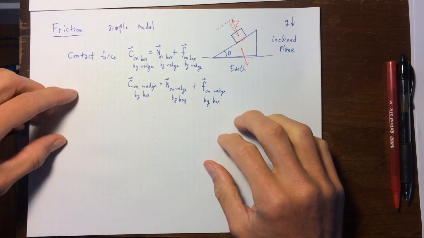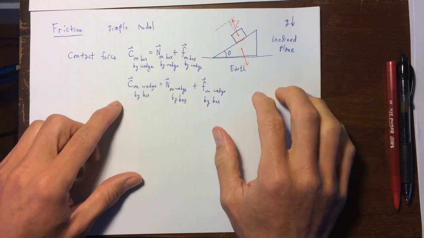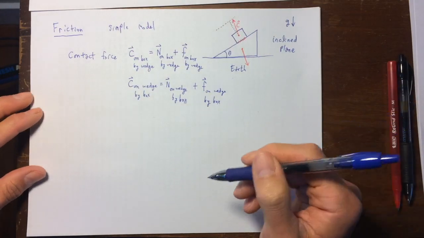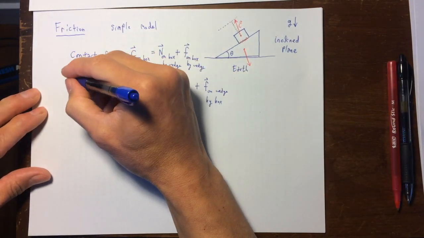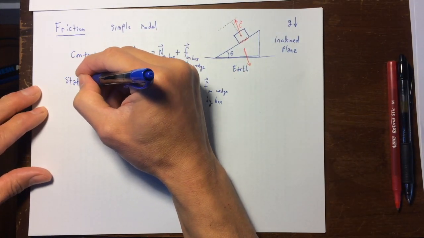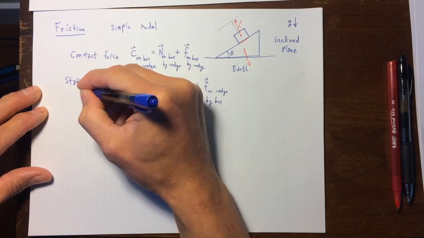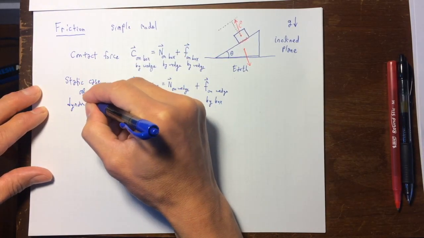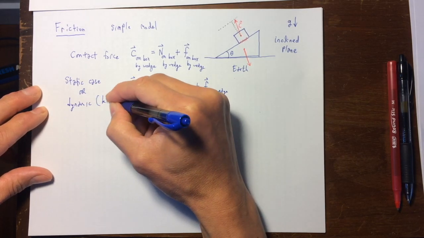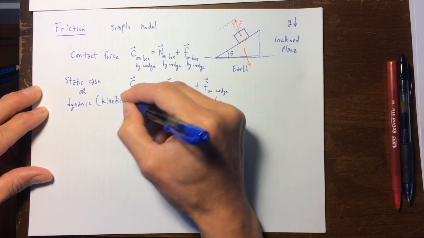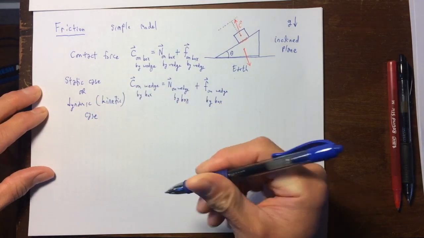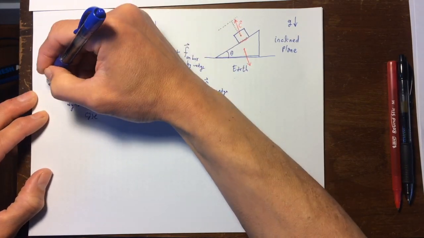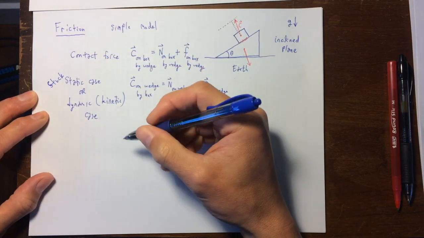So this is the beginning of thinking about friction, and all of this that I just described is true in the static case or dynamic, also known as kinetic, case. The static case, you probably heard me say a second ago, was the stuck case.